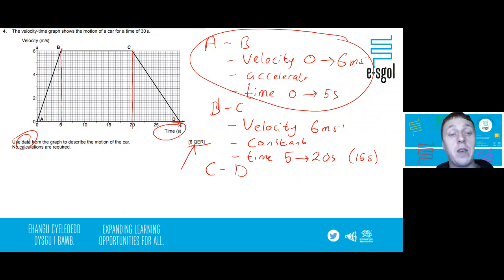C to D is the final section where the velocity this time changes from 6 to 0 meters per second, which is a deceleration.